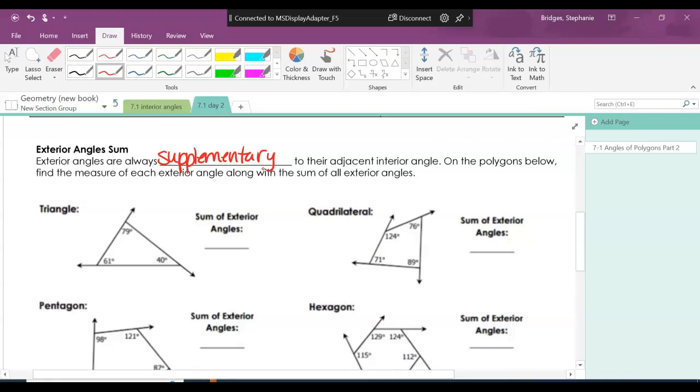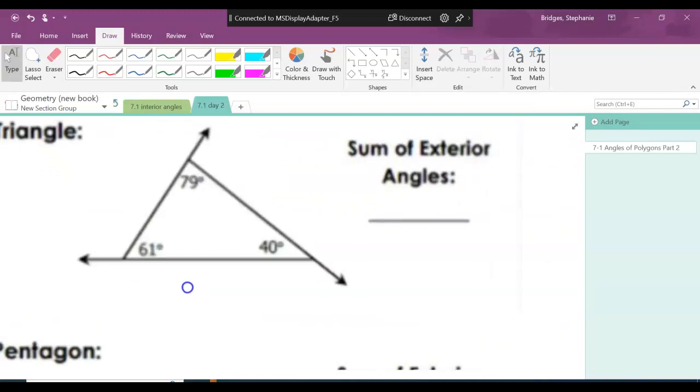On the polygons below, we want to find the measure of each exterior angle along with the sum of all of the exterior angles. If you first notice, we only have one exterior angle at each corner. So get your calculators out. Let's start by finding the measure of this exterior angle right here.